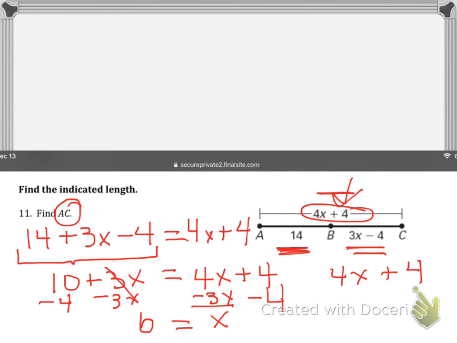So put the 6, which was the solution to x, where x was, and let's complete the problem. 4 times 6 is 24, plus 4 more is 28. So we have successfully found that AC is 28. Okay, let's go on and work on question 12.